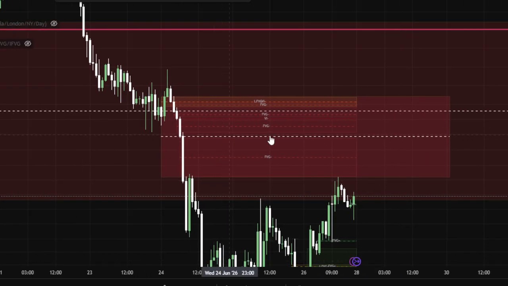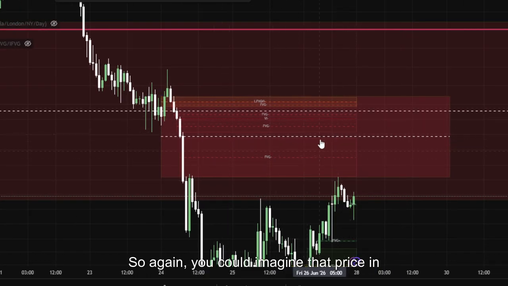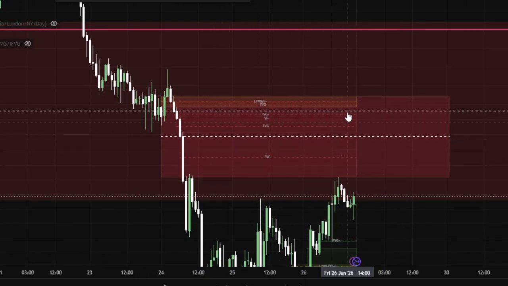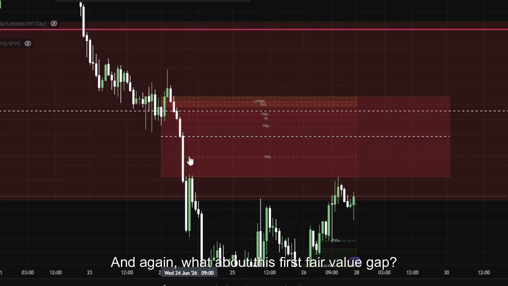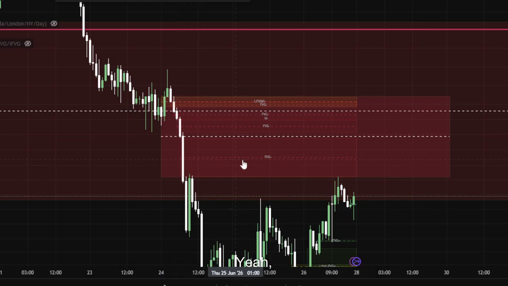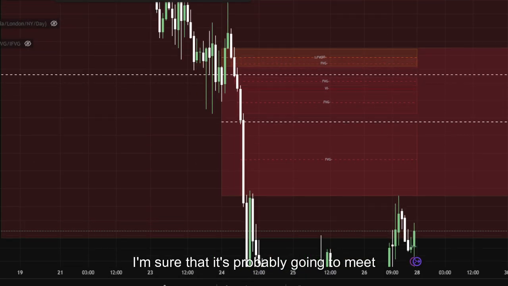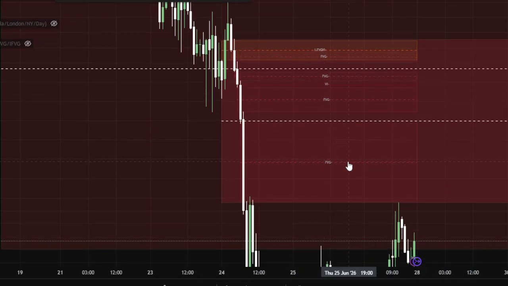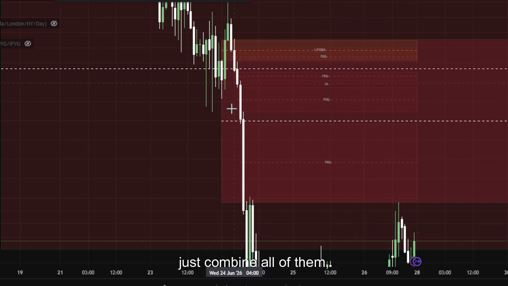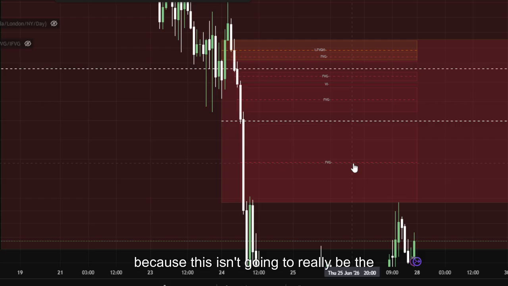All right. So again, you could imagine that price in this area will be a fairly challenging time. And again, what about this first fair value gap? Well, I'm sure that it's probably going to meet some resistance at the 50% here. But just combine all of them, because this isn't going to really be the whole story.